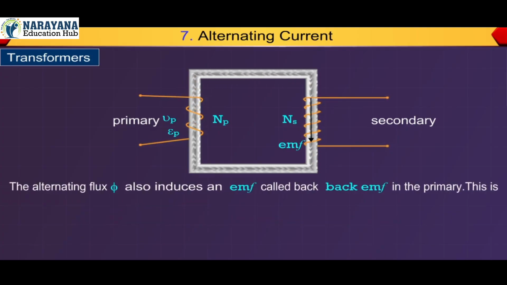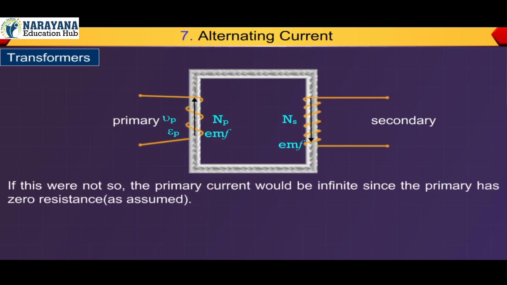The alternating flux phi also induces an electromotive force called back electromotive force in the primary. This is epsilon p = -Np dphi/dt, equation 46. But epsilon p is equal to Vp.